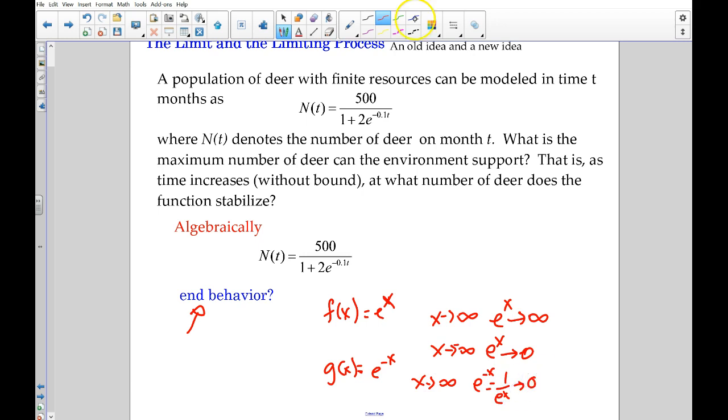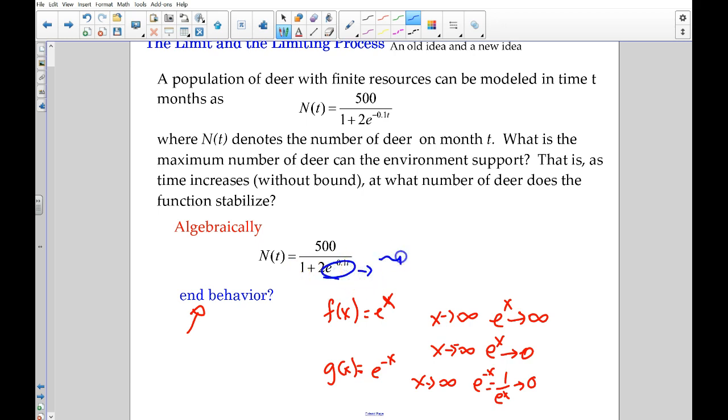Algebraically we can go through more formal arguments once we know a little bit more about the limit. But we can say that this value down here approaches 0.